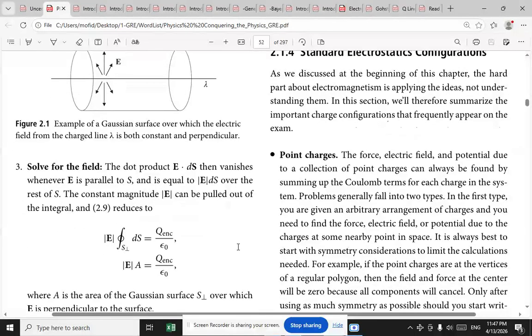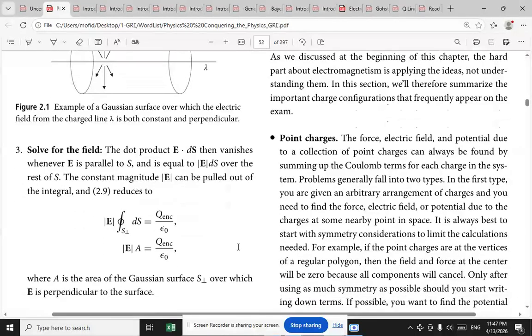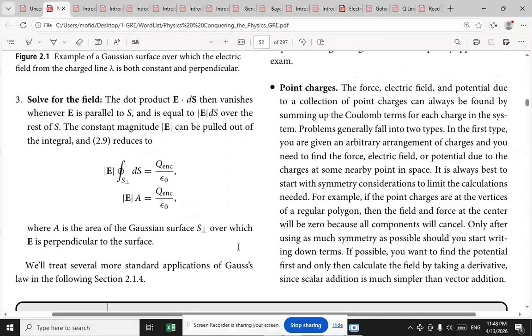Now the third step: solve for the field. The dot product E · dS vanishes whenever E is parallel to S, and is equal to the magnitude of E times dS over the rest of S. The constant magnitude of E can be pulled out of the integral, and Gauss's law reduces to the following, where A is the area of the Gaussian surface S over which E is perpendicular to the surface.